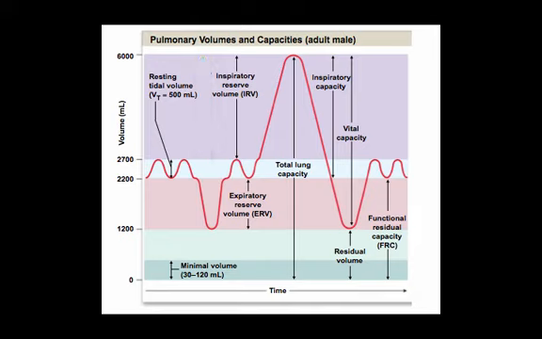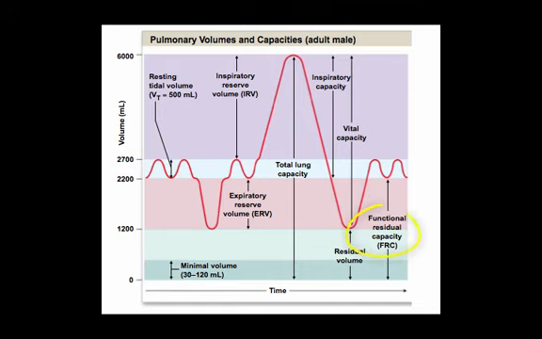From these volumes, respiratory capacities can be calculated: inspiratory capacity, functional residual capacity, and vital capacity. The inspiratory capacity is the tidal volume, air moved per normal breath, plus the inspiratory reserve volume, or air inspired after a normal inspiration.